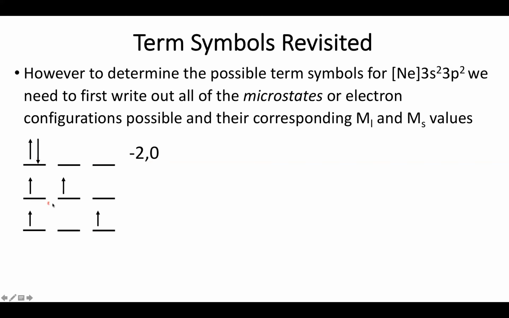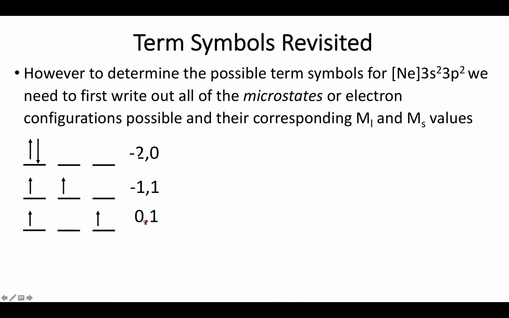Well, since I've got 2 electrons pointed up, this is going to give me an m sub s value of 1, or essentially an effective triplet state. But in this case, my m sub L value will be -1, because -1 plus 0 gives me -1, and this one will be -1 plus 1 gives me an m sub L of 0. So now I have 3 states.